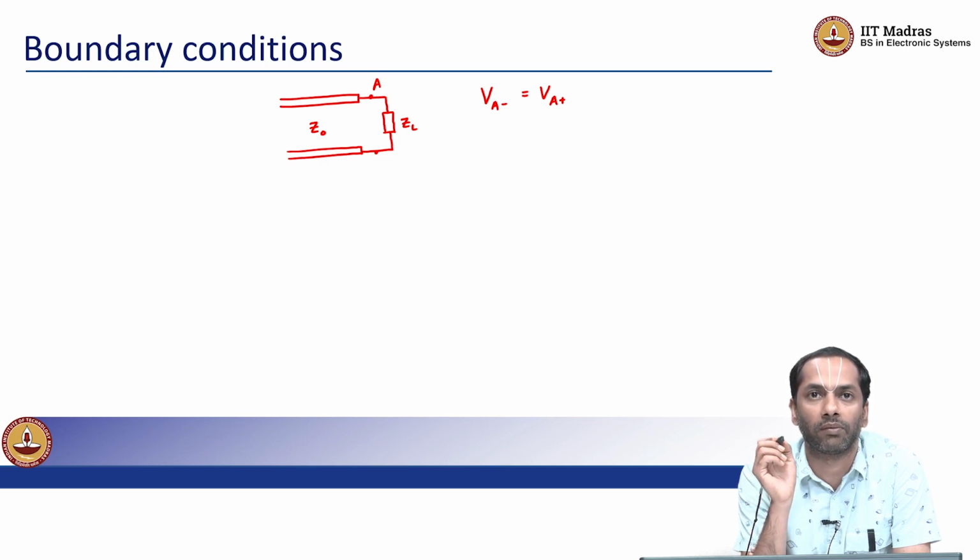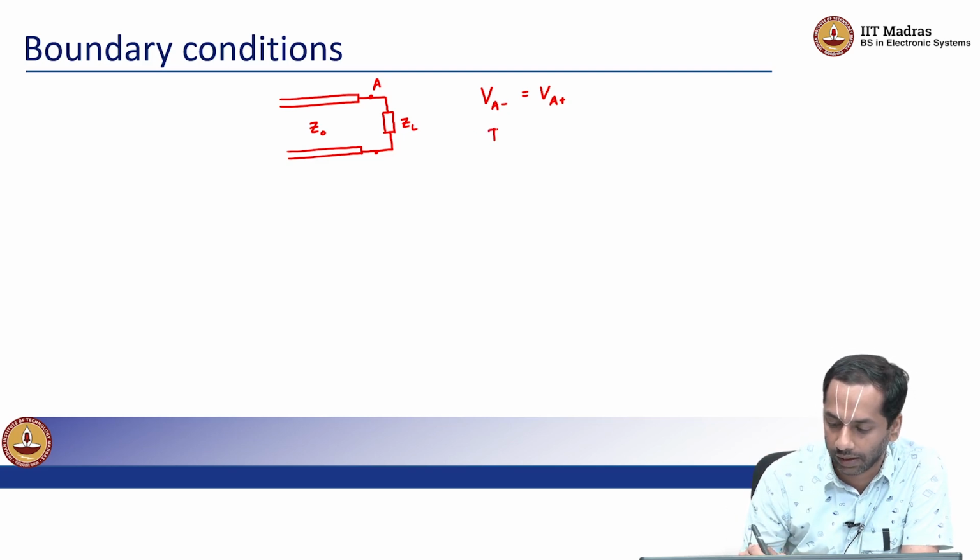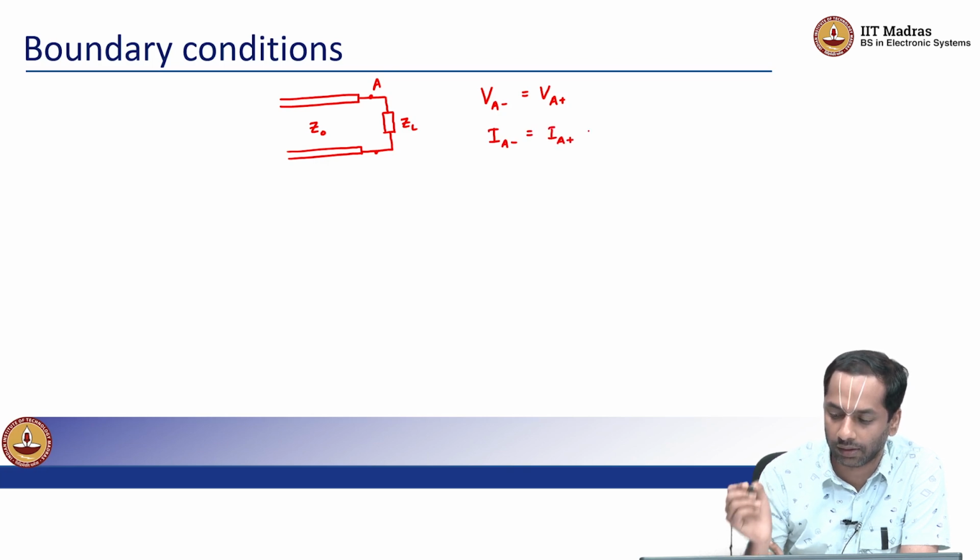So, V at A minus we said was simply the sum of onward and return waves, right, and on the right hand side V at A plus was simply the voltage drop across the load. Similarly, we also said that I at A minus was I at A plus, right.